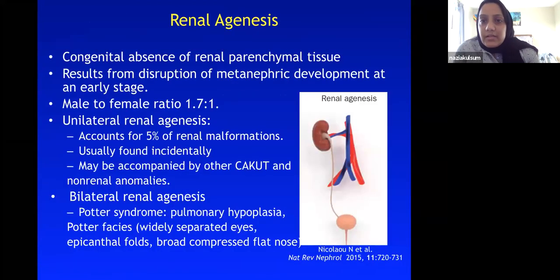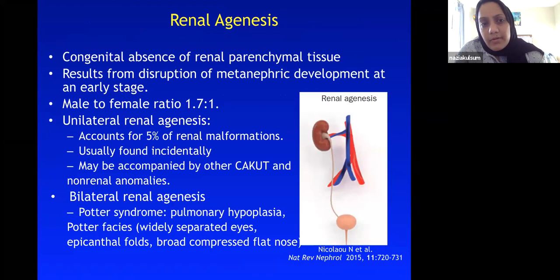Next condition is renal agenesis. As the term explains, it's basically when you don't have a kidney. And what happens is there is a disruption at the time when the metanephric development is happening. So it could be that they don't have appropriate signals or genes that are required for the ureteric bud to stimulate the metanephric mesenchyme. And essentially, you may not develop that kidney on that side.